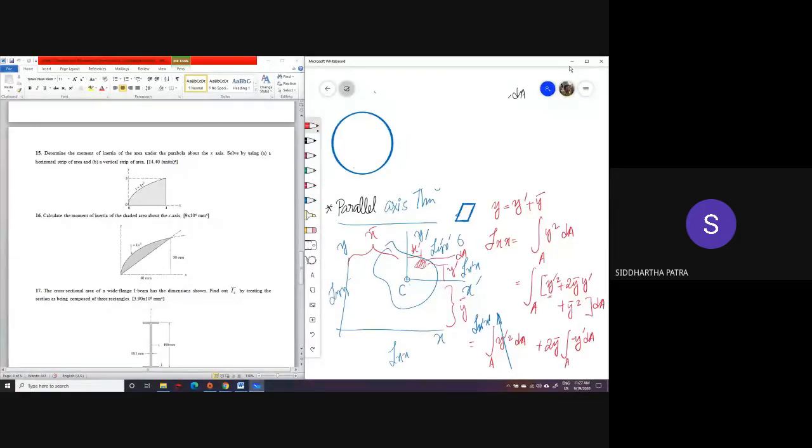And the third quantity is, you see y bar is a constant, so y bar squared integration dA, which is basically A. Now let's look at the second term. This quantity is total area times y bar prime. What is the meaning of the term y bar prime?